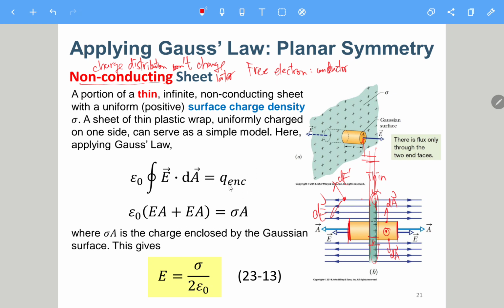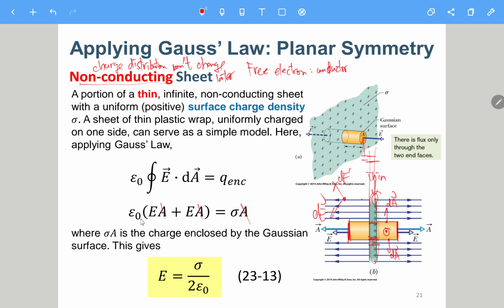On the right side, Q enclosed is the charge within this part. The area will be A, times the surface charge density. Density times the area will be the total charge in the area. So on the left side we have epsilon naught times (EA plus EA), and on the right side we have sigma times A. We can cancel the A on both sides.